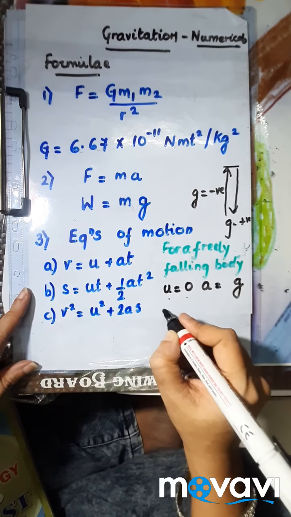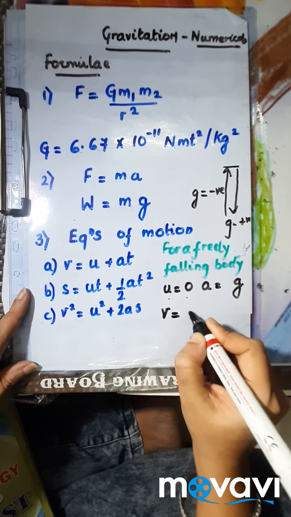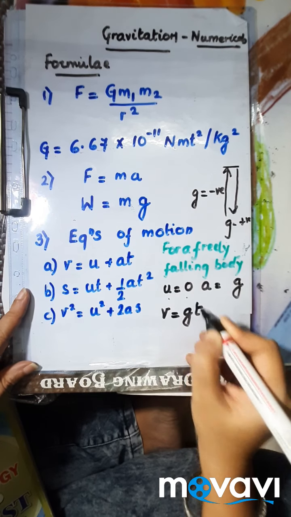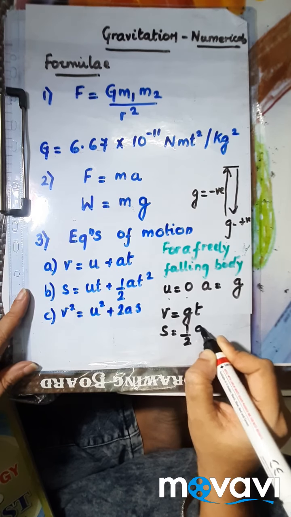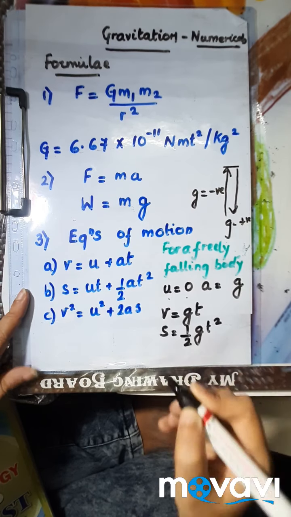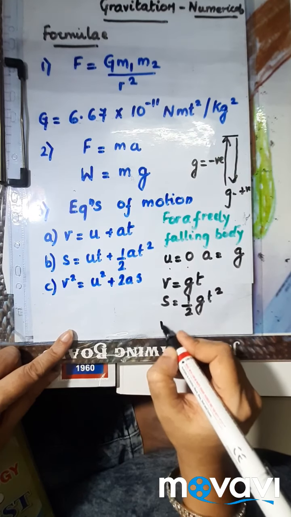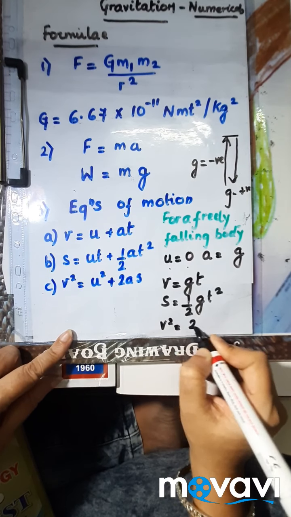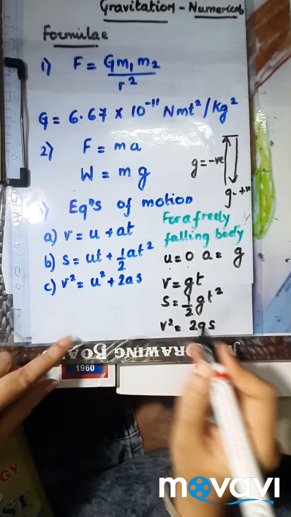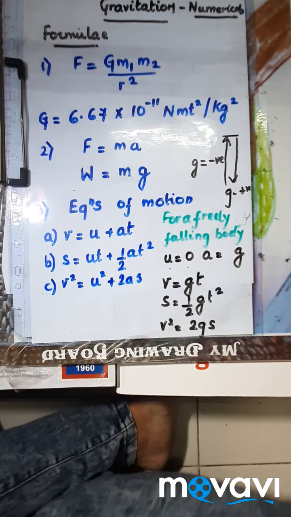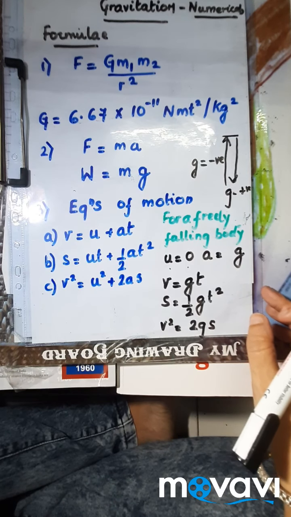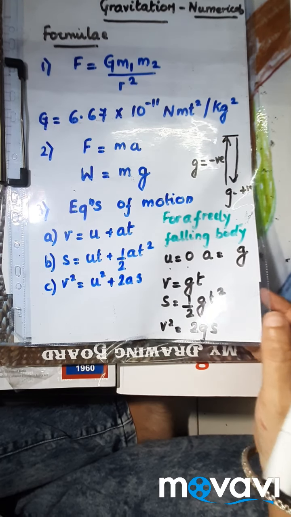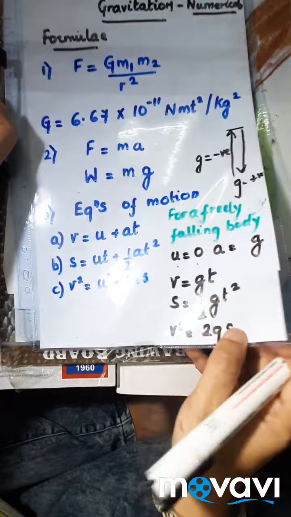So these three formulas can be written as V is equal to GT, S is equal to half GT square, and V square is equal to 2GS. These are my modified formulas. I want you to write down these formulas together, and then we will start with the first question of the exercise.